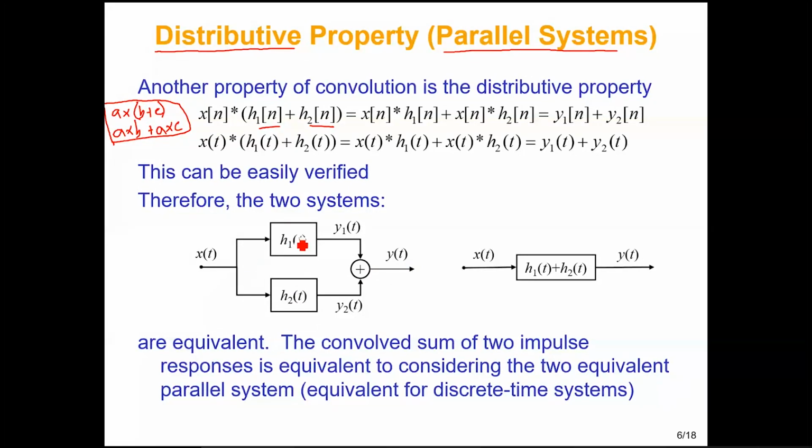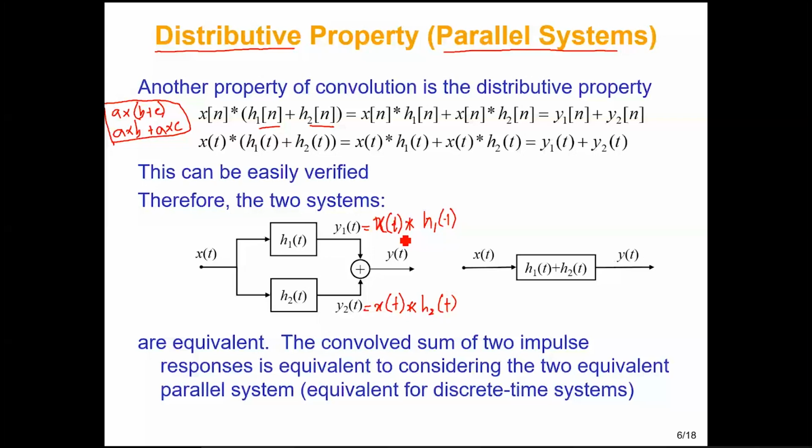The input of this system is x of t, its impulse response is h1 of t, so the output here will be x of t convolved with h1 of t. Similarly, the output here, with the same input x of t, is y2 of t, which is x of t convolved with h2 of t. If we add them together, it will be this plus this, and that will be your y of t.